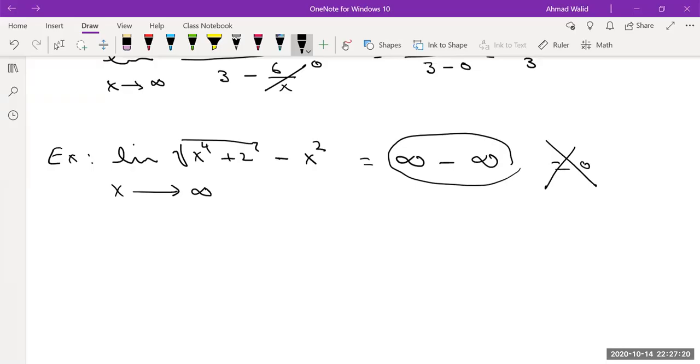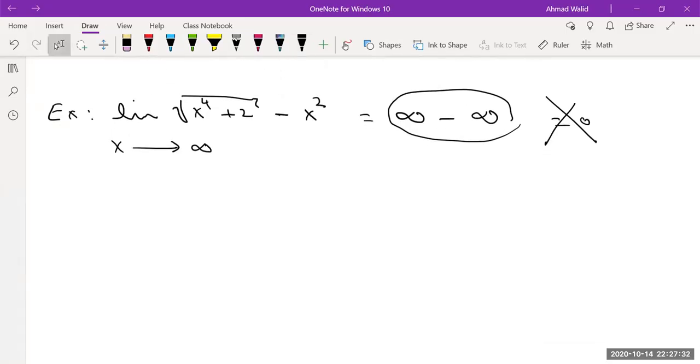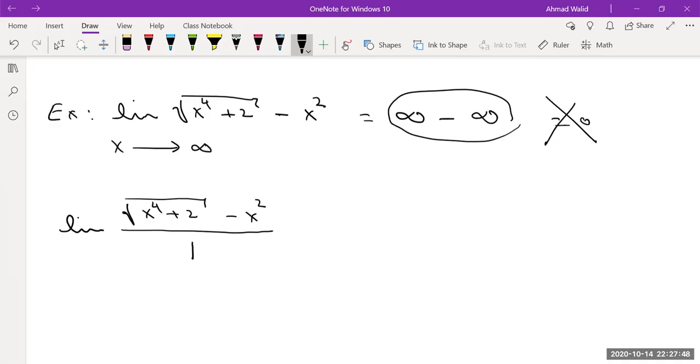In these kinds of problems, what you do is multiply by the conjugate of the given function. I'll just do two steps of it and let you complete the example, correct? What I do, I'll do this. Limit of the square root of x to the power of 4 plus 2 minus x squared. Actually, what is the denominator here? Can I put a denominator of 1 for it? Definitely, no problem. Times, what is the conjugate of the numerator?